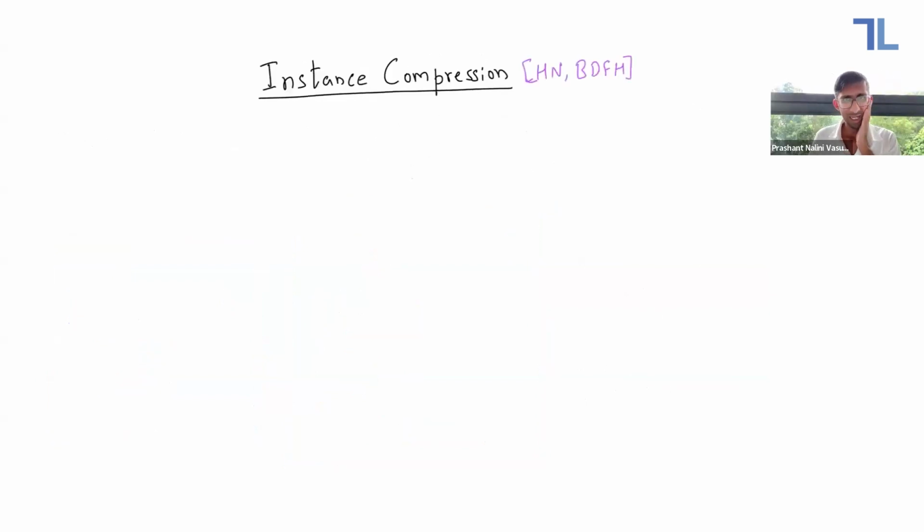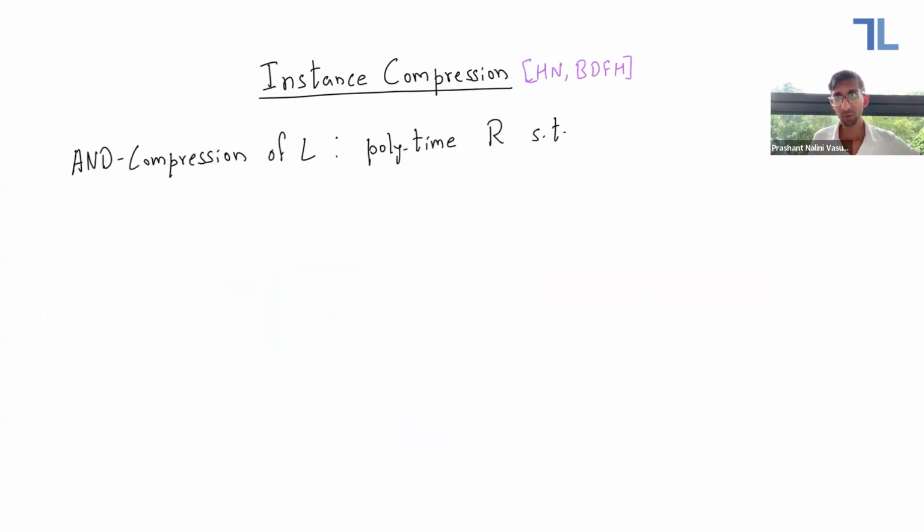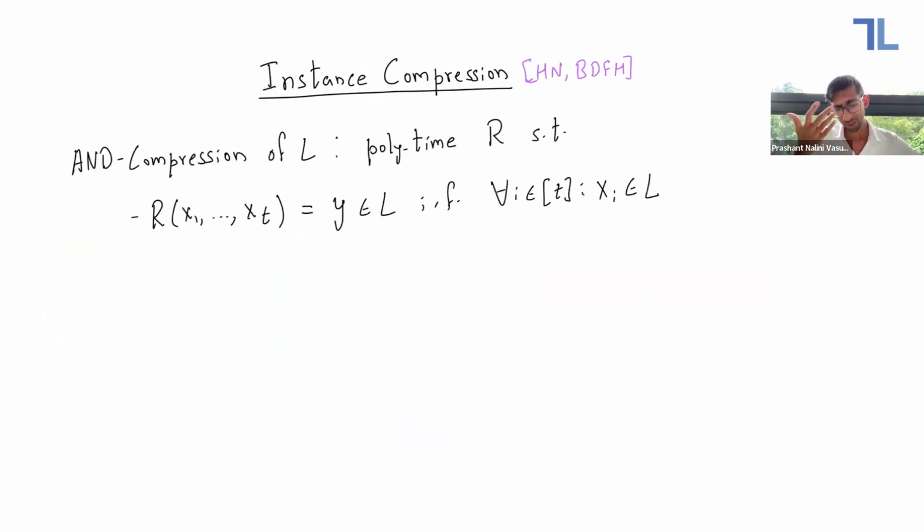So let me very quickly wrap up the rest of it. I was going to say a little bit about instance compression, which is where the compression lemma I was talking about comes from. That's the context in which it was originally studied. There, here we were concerned about compressing the witness of an NP language, right? You have T instances, T witnesses.